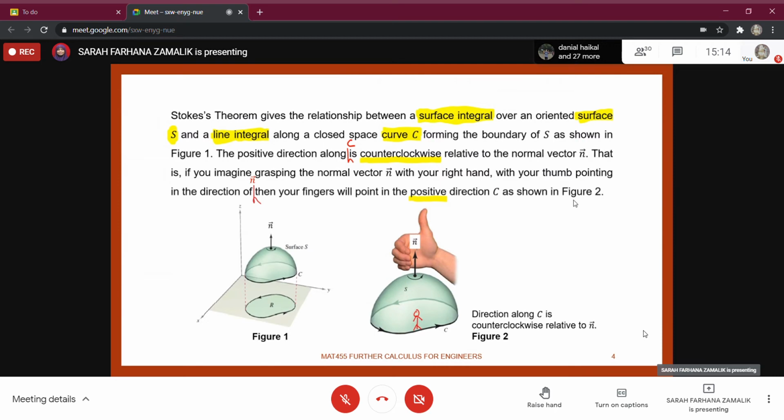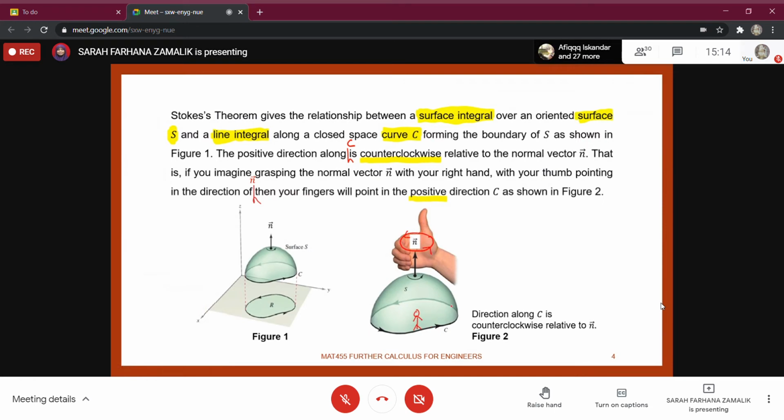Kenapa kita guna tangan kanan ni? Sebab yes, tangan kanan ni bila awak curl in your fingers here, maksudnya yang lagi 4 jari tu awak letak ke dalam kan? So yes, ini sebenarnya direction of your C. Ini direction C kita.